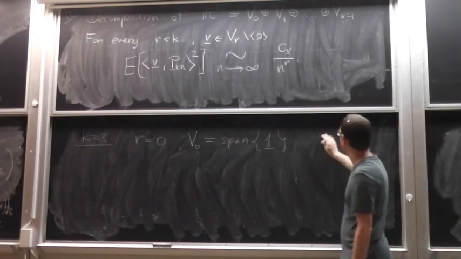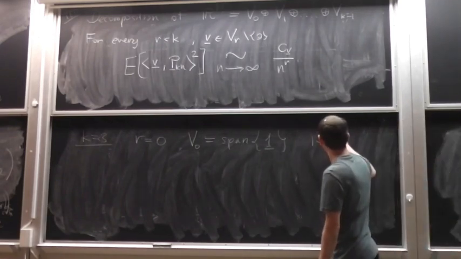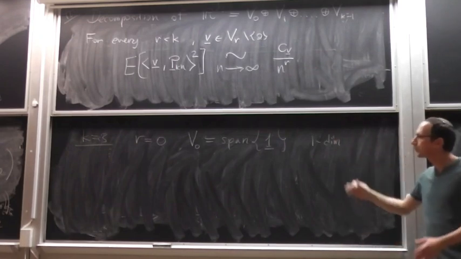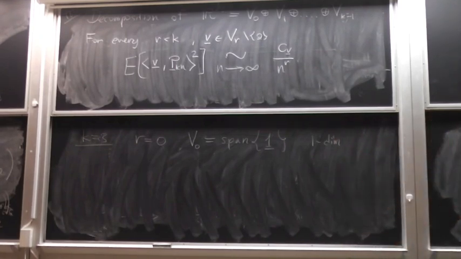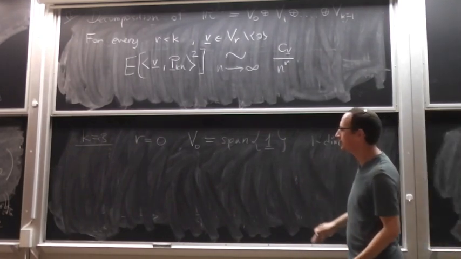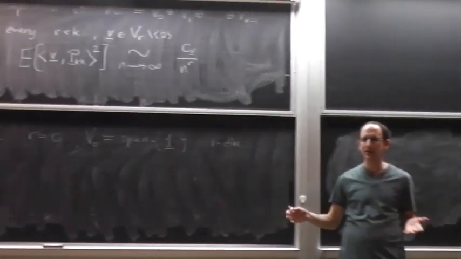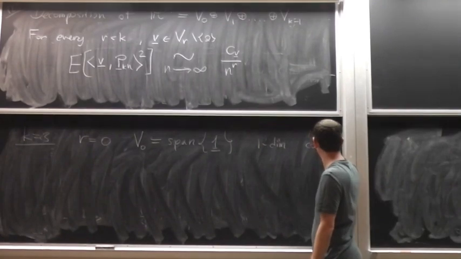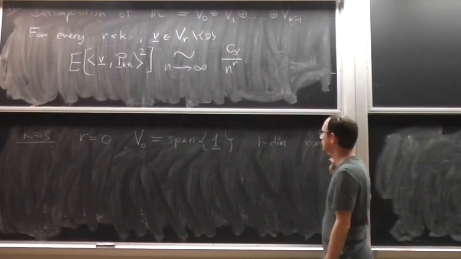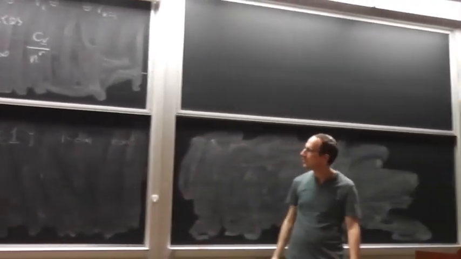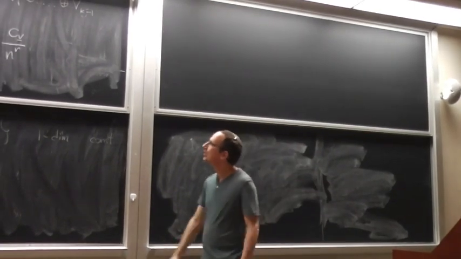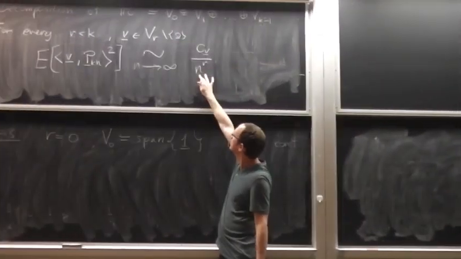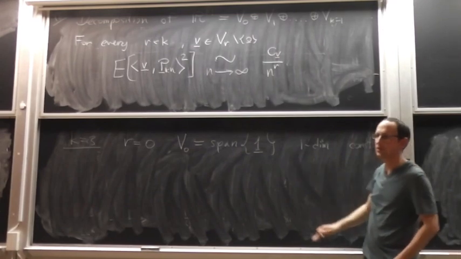So it's a one-dimensional space, and if you project on this direction, we already have seen that the order of magnitude of what you get is constant, because we've seen that you always get the constant one. It has a constant order of magnitude, n to the 0, which is what we expect: we write n to the r, n to the 0, so it's a constant.